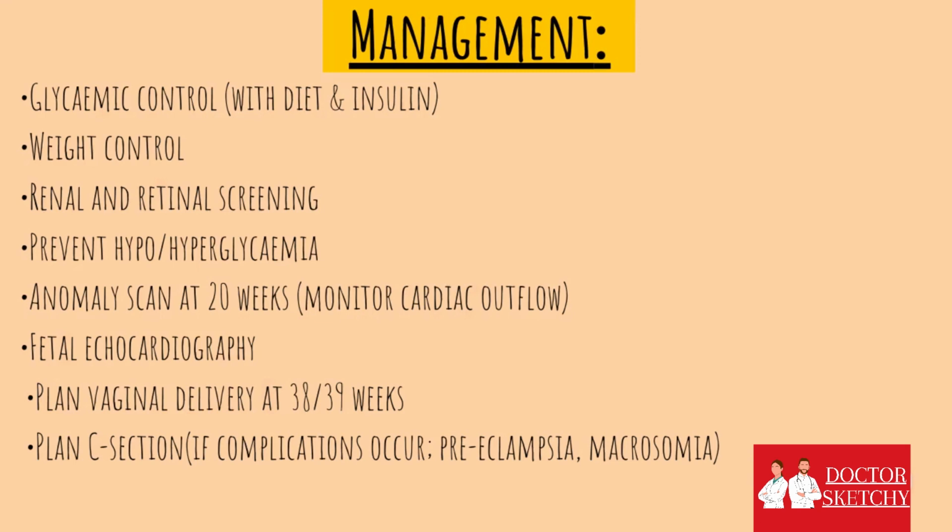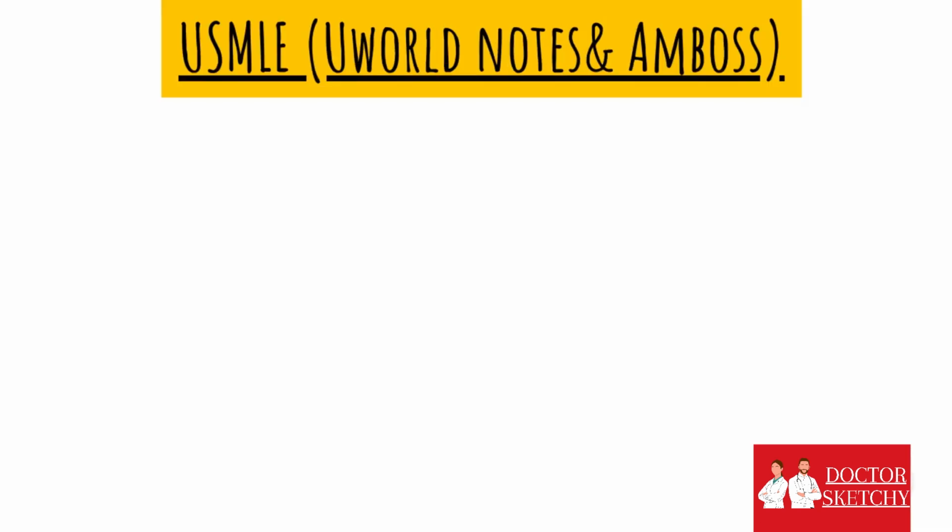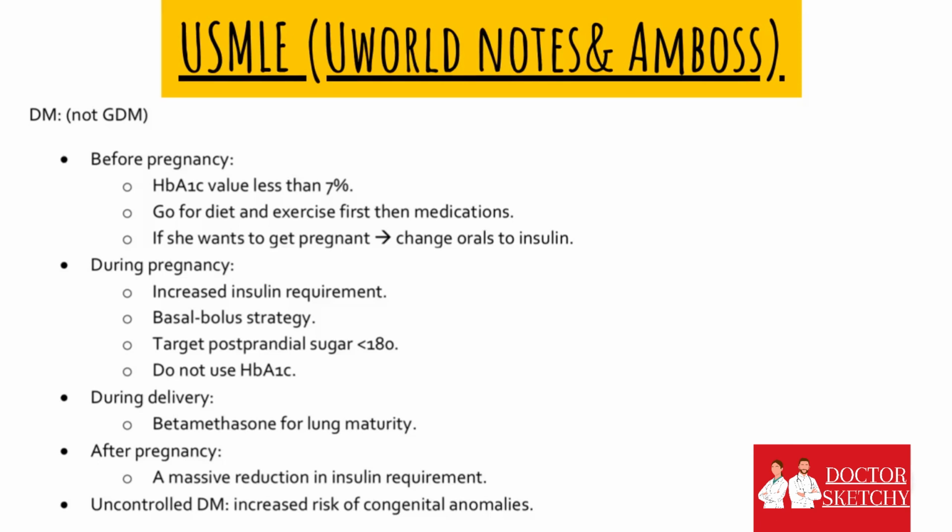I have added this new slide from the UWORLD notes and AMBOSS notes about diabetes mellitus and not about gestational diabetes mellitus. If someone has diabetes before pregnancy, her HbA1c value should be kept less than 7%, and go for the diet and exercise first to control the diabetes and then medications.